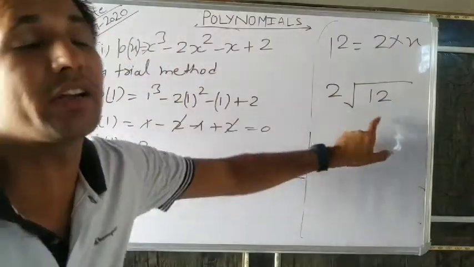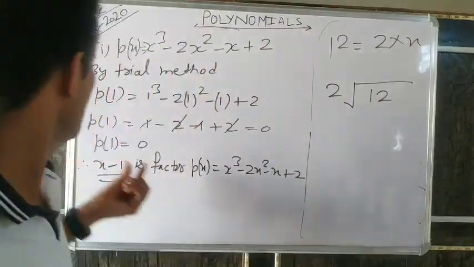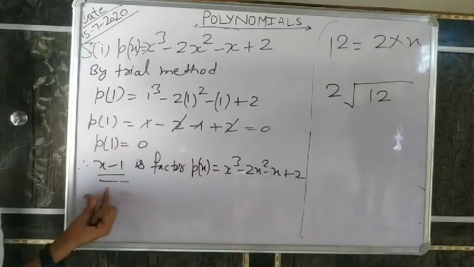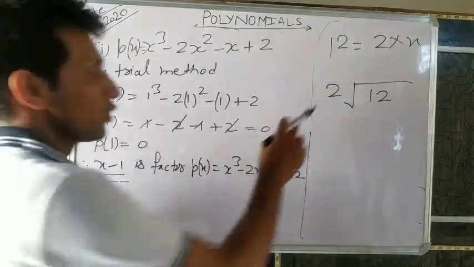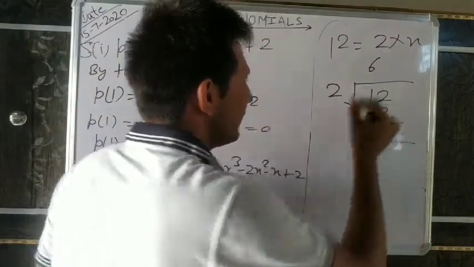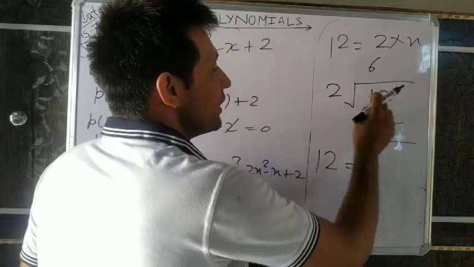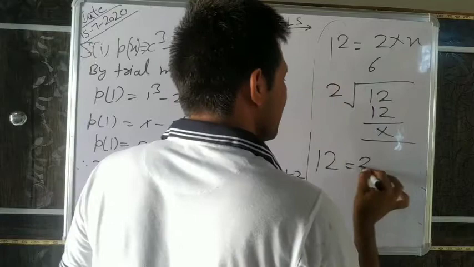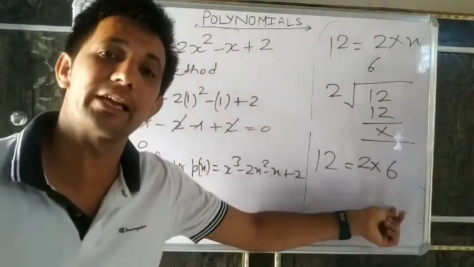If 2 is a factor, it means the remainder becomes 0. If x minus 1 is a factor, then if you divide this polynomial by x minus 1, the remainder becomes 0. So 2 into 6. It means dividend equals divisor multiplied by quotient. So this is the second factor.